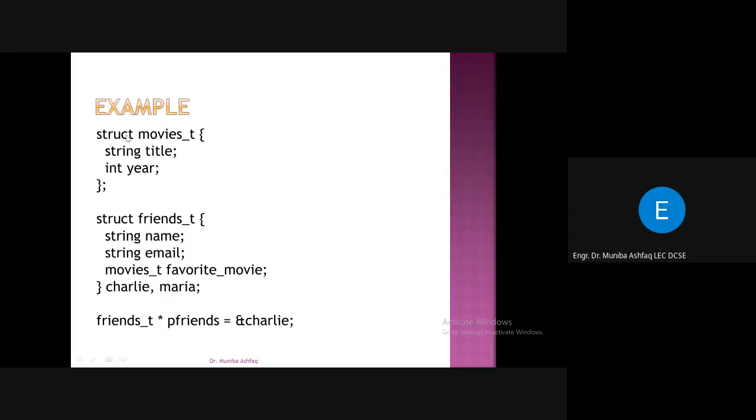Look at this, we already created a structure movies_t, so we write this structure name here, movies_t, and we declare here a variable of that structure movies_t, favorite_movie. Now it means that favorite_movie is an object of movies_t, and this favorite_movie can have a title and year.